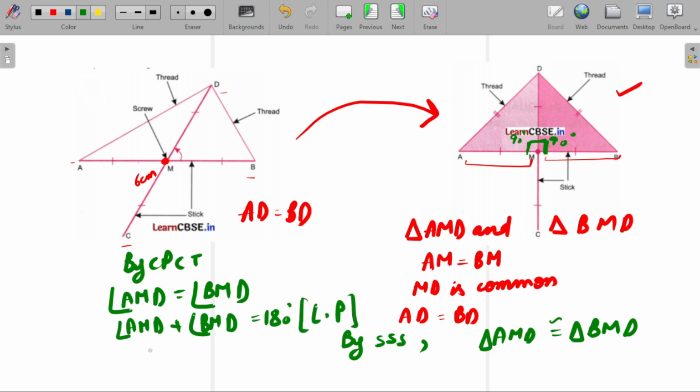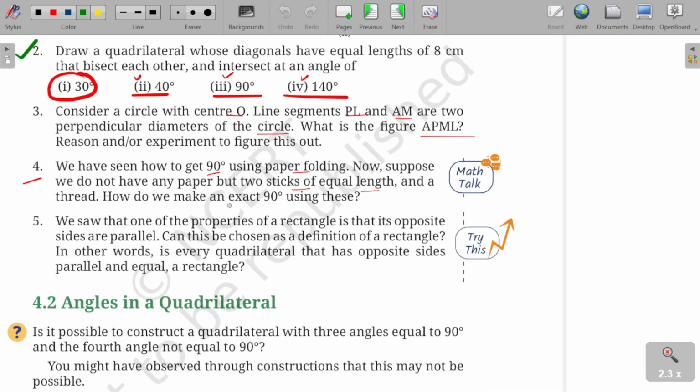This implies both are 90. Both are 90 degree. Yeah? So the angle between the sticks will be 90 degree. This is what is asked in the question: how to make the exact 90 degree. So this is how we make it.